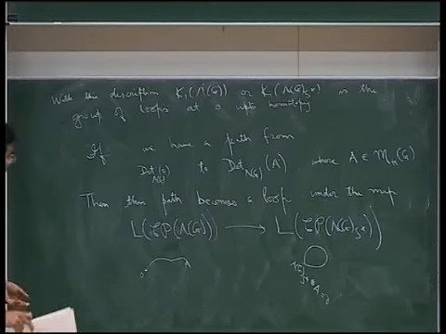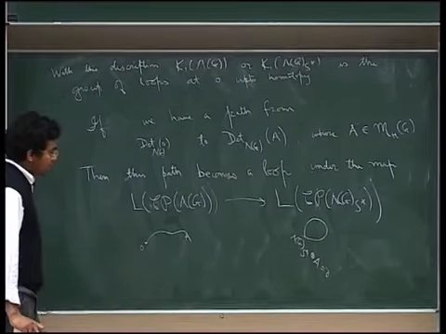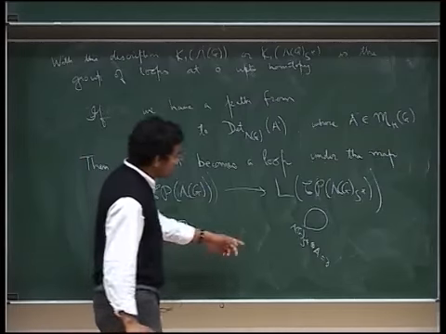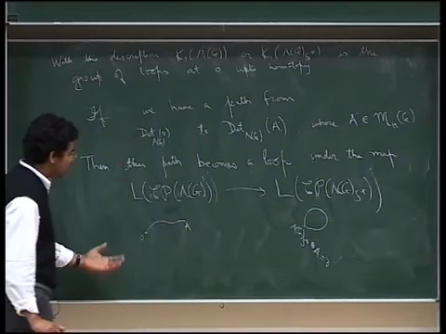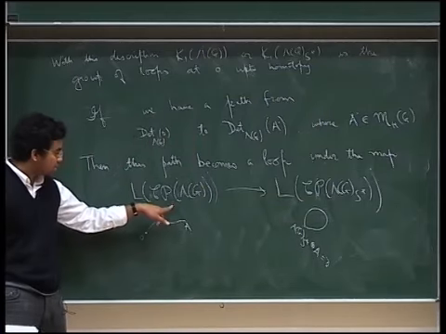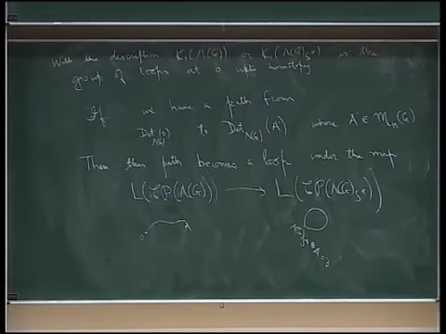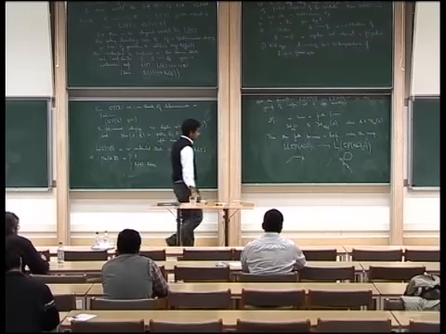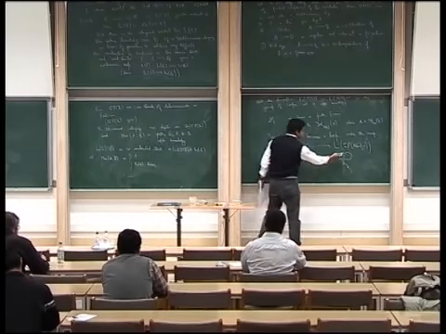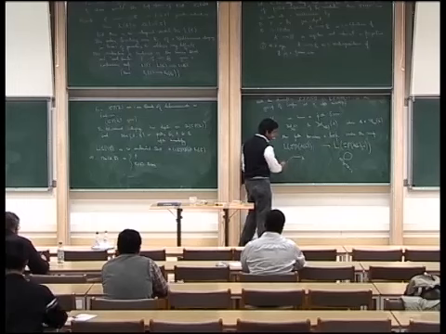Okay, and then one can show that conversely any acyclic complex over lambda G S star can be obtained by localizing a complex in MH of G. So any loop here should come from a path like this.